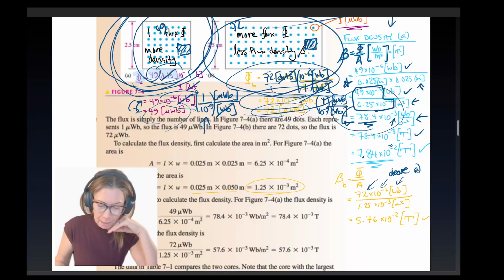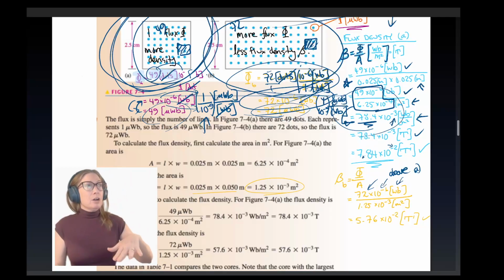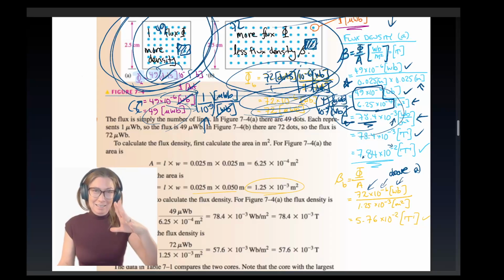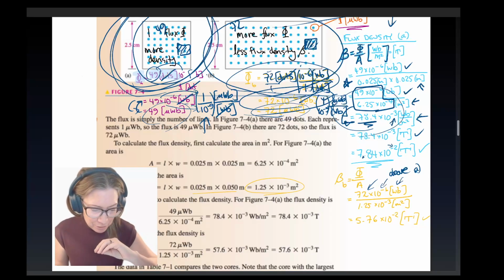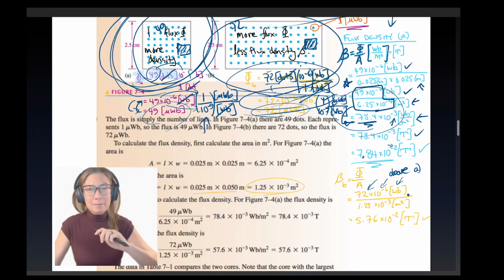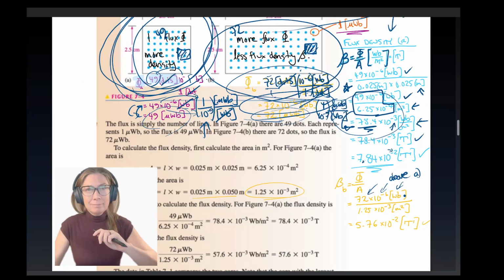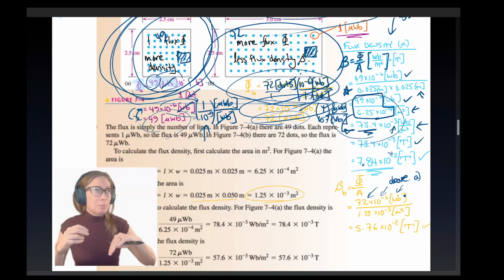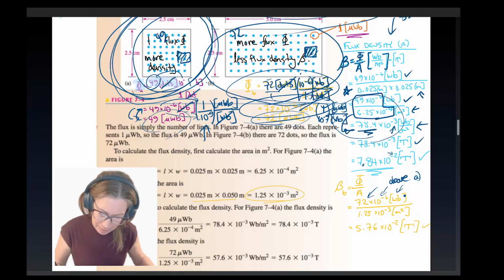Part A. I divide that by cross-sectional area to get the density. The length and width are 2.5 centimeters and 5.0 centimeters. I converted those to meters and I stuck this in as meters squared.